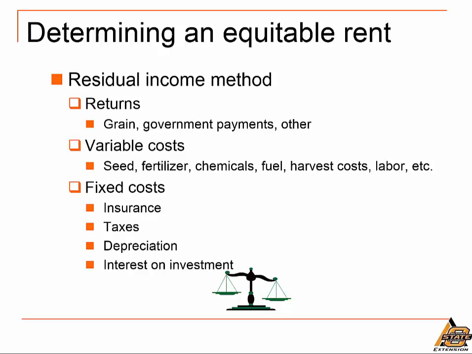Examples of fixed costs include insurance and taxes, plus ownership costs such as depreciation on machinery and equipment, and the opportunity cost on money tied up in assets such as land. Variable costs are typically transparent, though a value may need to be placed on operator labor that is contributed.